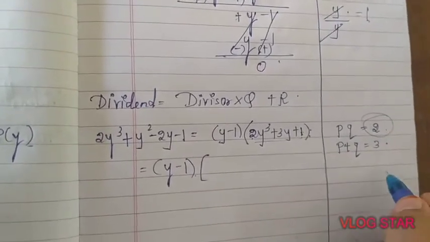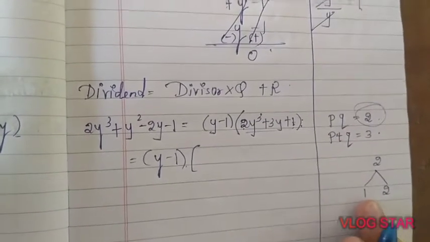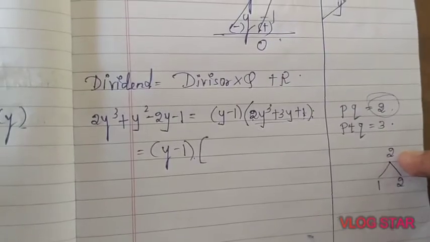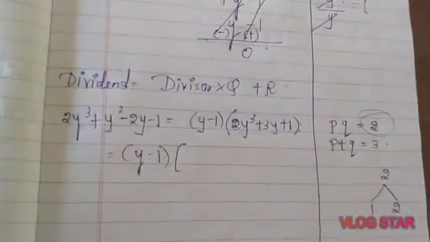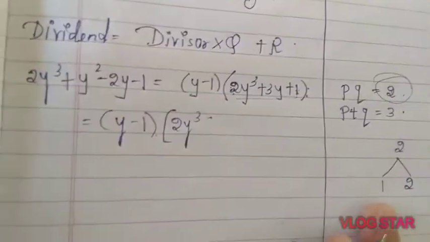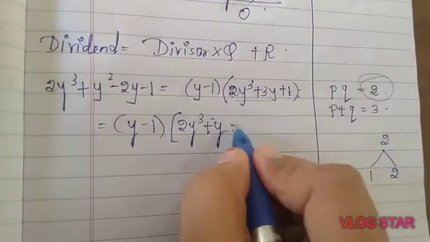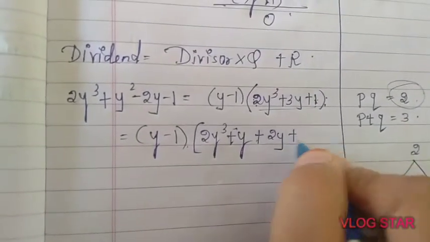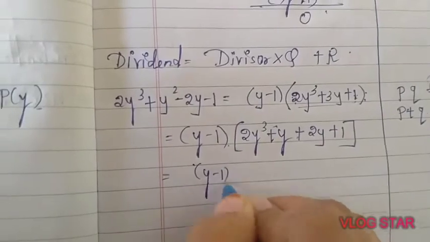So you have to find the factors of 2, that is 1 2s are 2. When you multiply this you get the product 1 2s are 2, and when you add this you get 3, right? So for that sake I am going to consider this along with y as a variable. So here you can see 2y square plus 1y plus 2y plus 1, and this will be equal to y minus 1.